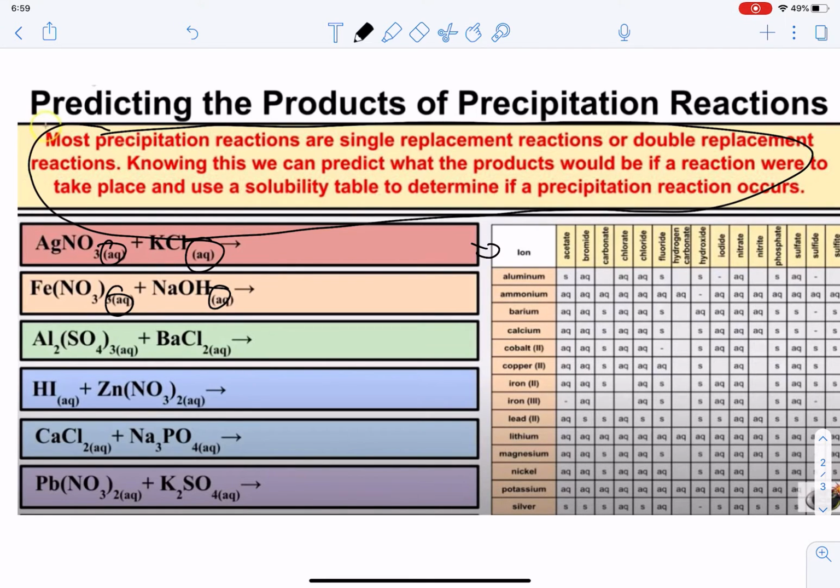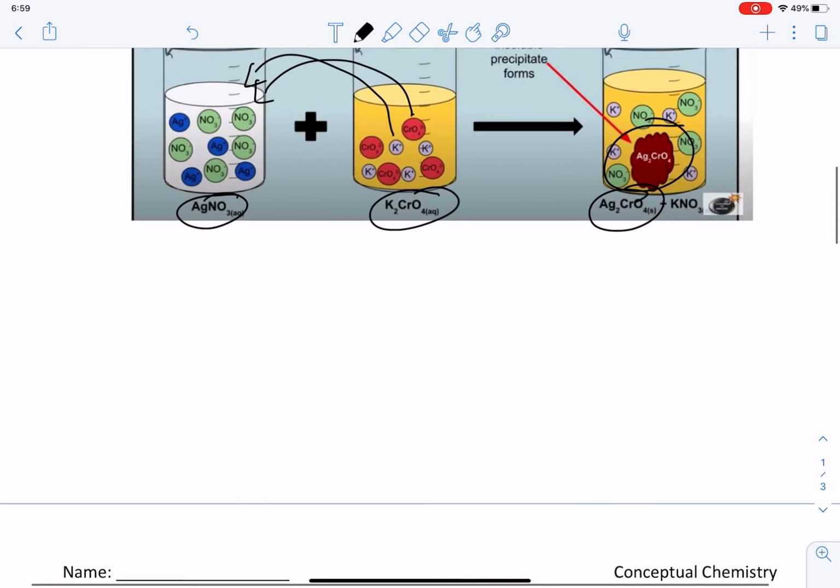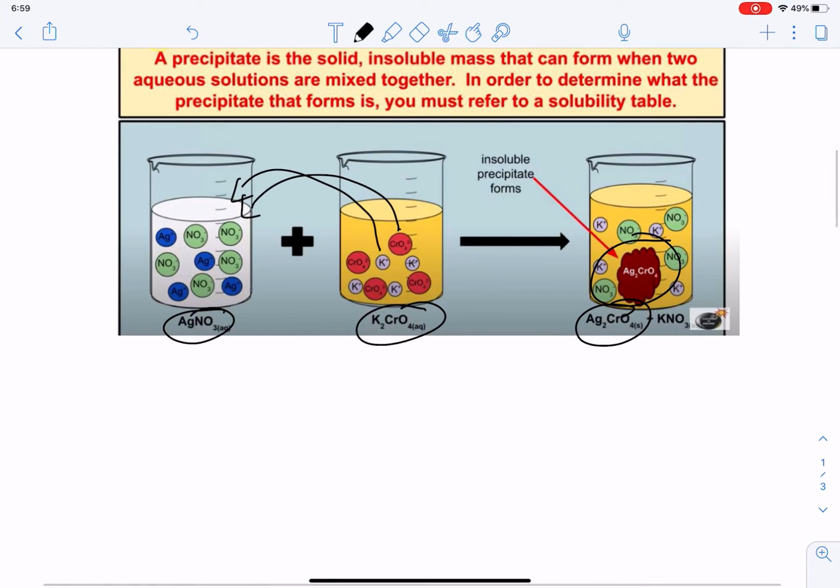Before I go on, sometimes too, if we go back up to this solution, notice how we had silver and chromate form a precipitate. What happens to nitrate and potassium? Well, they stay as ions in the solution. In the final solution, they're still ions. And these are called spectator ions, right? Because they're not involved in the actual reaction.